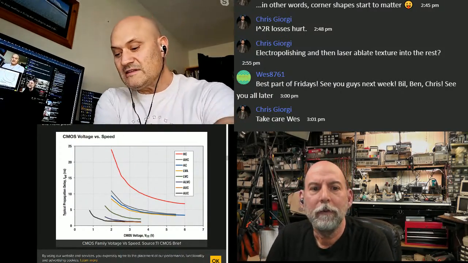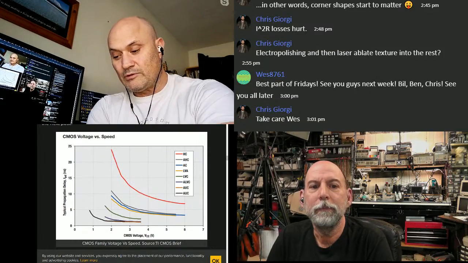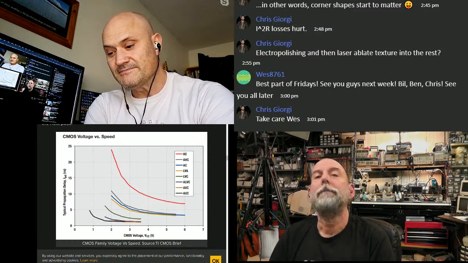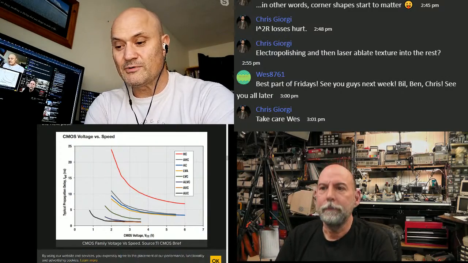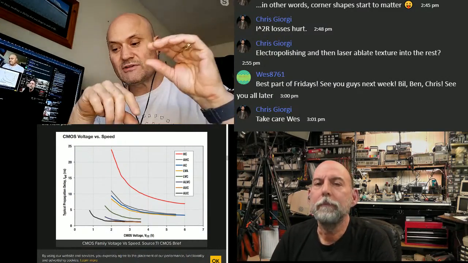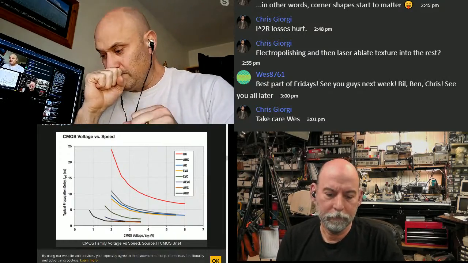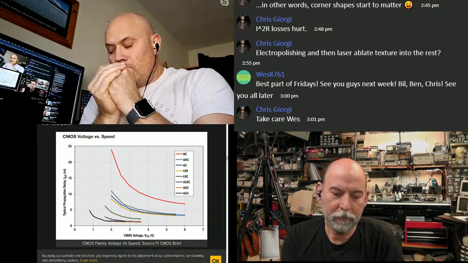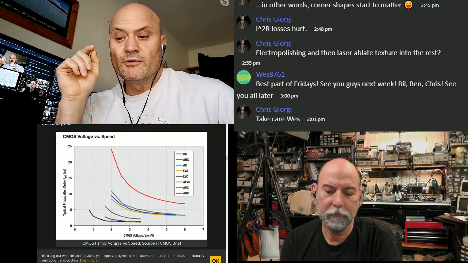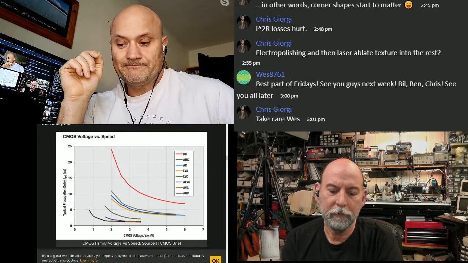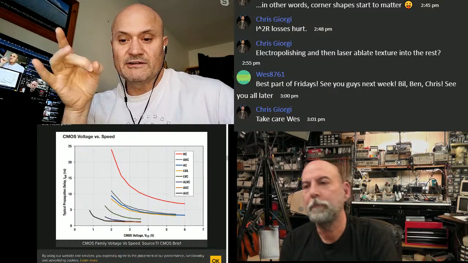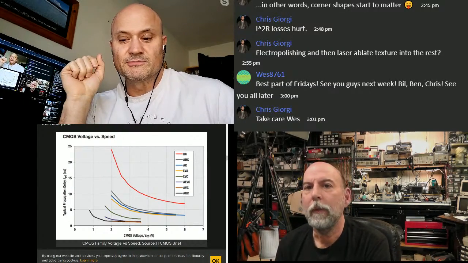But coupons can test other things too, like blind and buried via structures, registration. If you have a multi-layer board with stacked vias, or if you're doing a board that you're fanning out some 0.4 millimeter pitch BGAs, some of these things are critically important, that clearance and registration are super important.